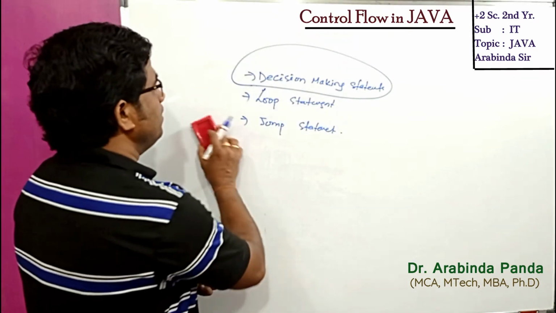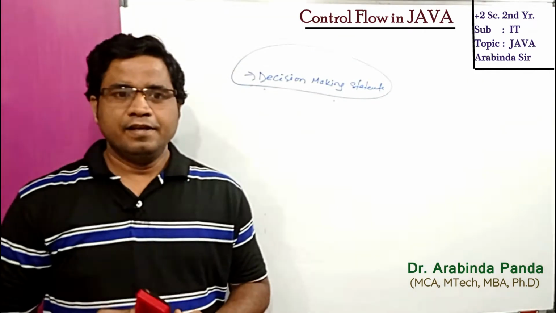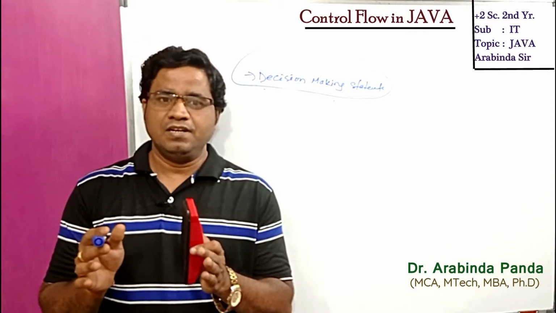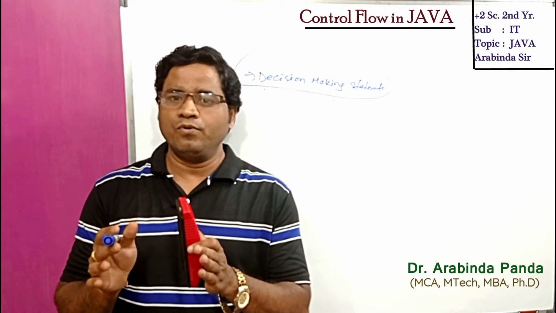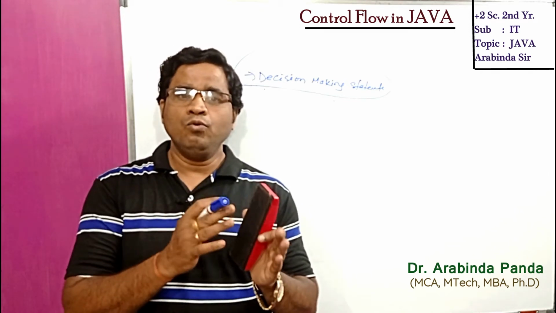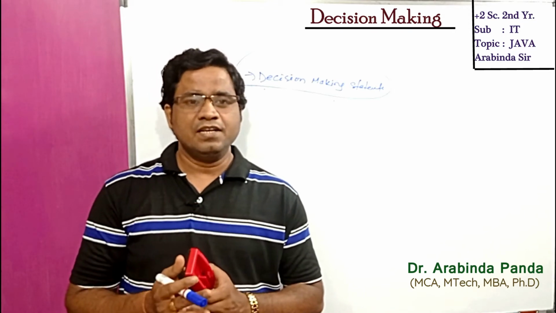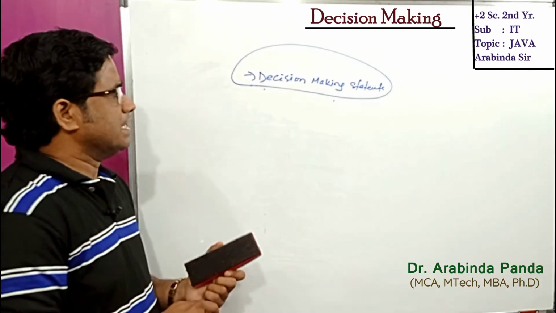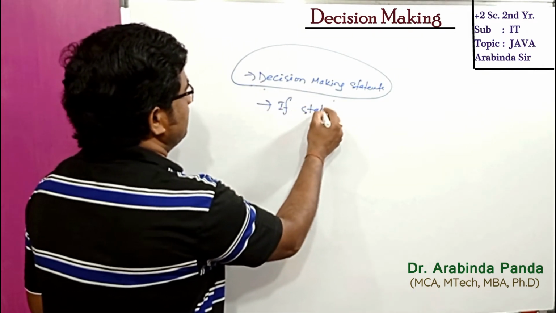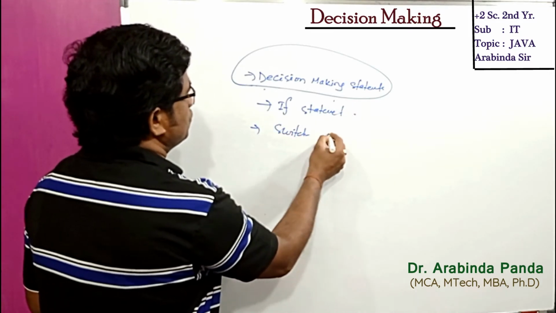So, what are the different decision making statements in Java, right? Decision making statements evaluate the Boolean expression and control the program flow depending upon the condition result, and there are generally two types of decision making statements in Java: one is the if statement and second is the switch statement.